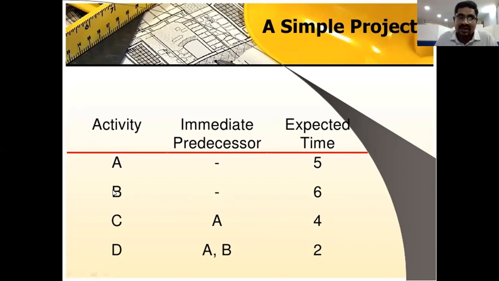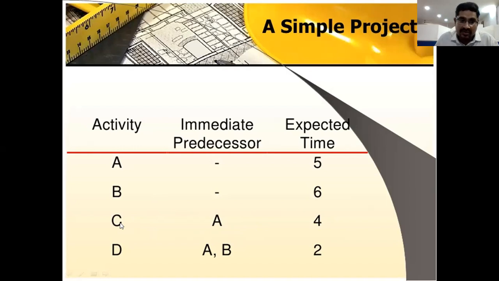A and B are the self-starters. But C has a preceding activity. This means only if the A activity is completed will C be performed. That is the meaning of preceding activity.